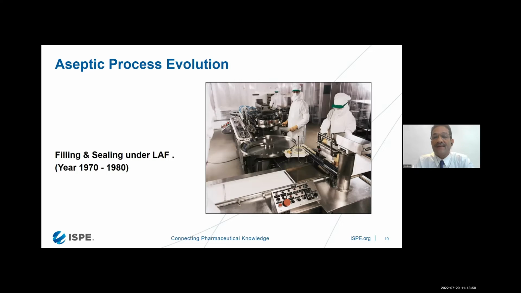There were plastic curtains surrounding the operators, and this was the beginning of what we call the open RABS system.